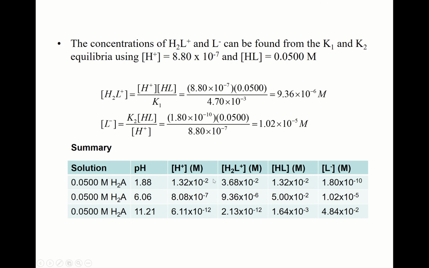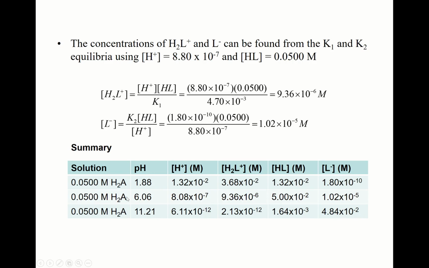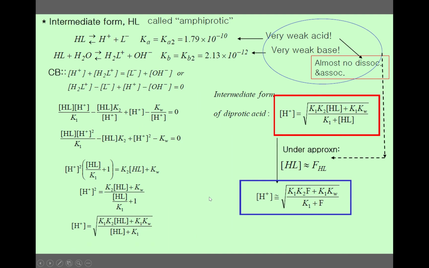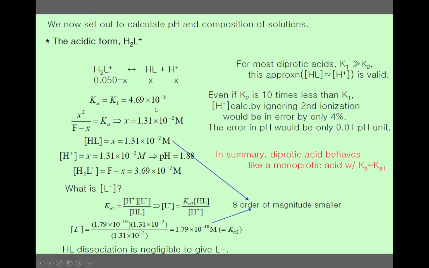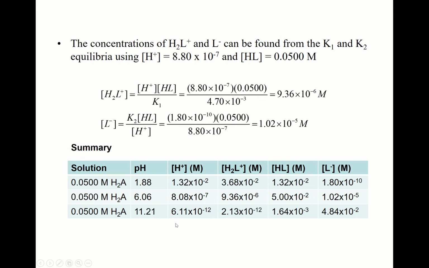We already calculated leucine when we started with the fully protonated form. In that case, the pH is 1.88. Let me show you again. Here the pH is 1.88, and for the fully deprotonated form, the pH is 11.21.